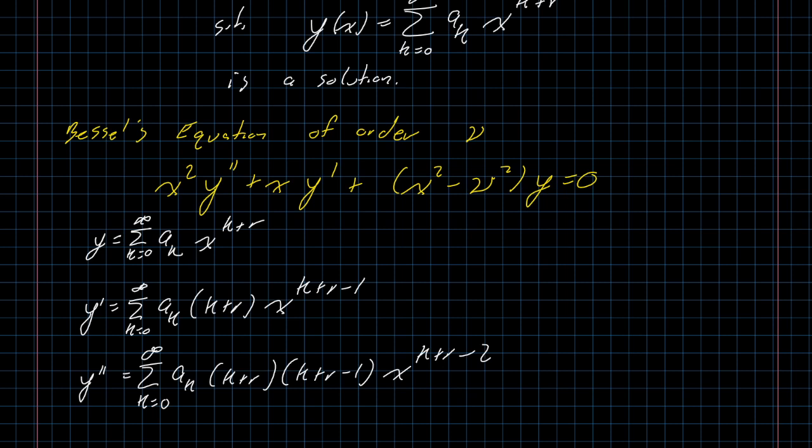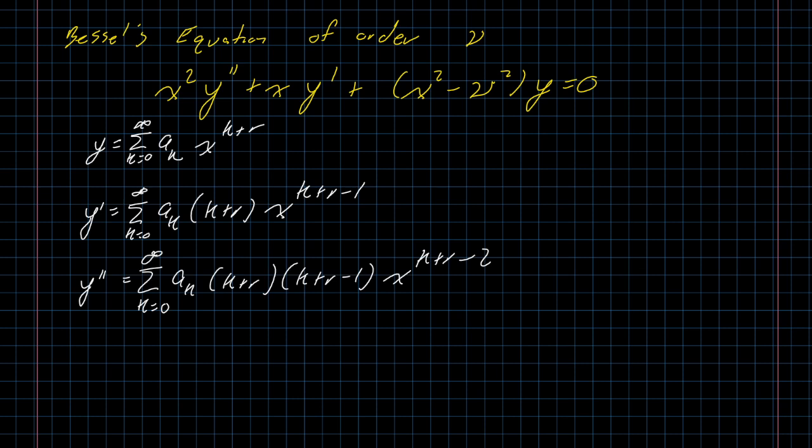And once again, I'm going to thank these coefficients for meaning that I don't really have to do the jumping through hoops that I've had to previously to get those into the equation. Because when I multiply y double prime times x squared, it will add 2 to my coefficient, making the minus 2 go away. When I multiply x times y prime, it will add 1 to this coefficient, making the minus 1 go away.